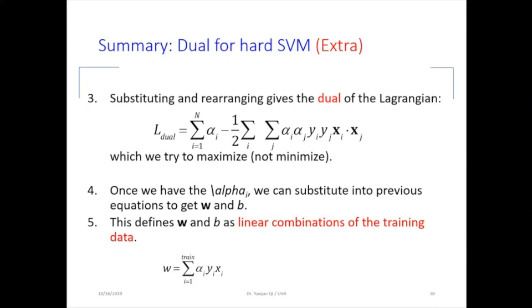But it's good to understand W is equivalent to the sum of alpha I, yixi. And this will tell us something in the later slides, give us some intuition about why this is a good formulation, why the dual form is good. Because we said, unless the dual formulation is easier, we go to the dual formulation, right? If primal is easier, it's not necessary to go to dual formulation at all.